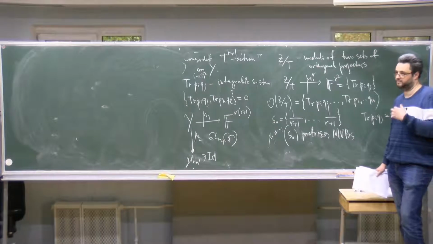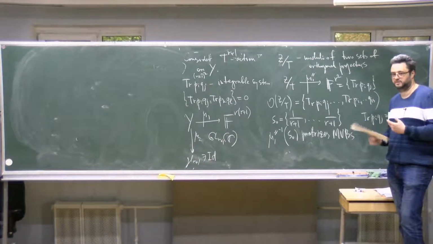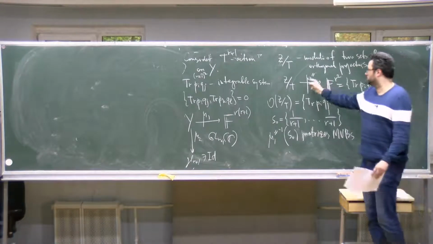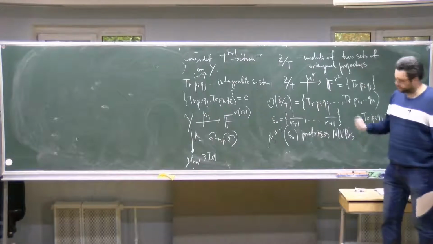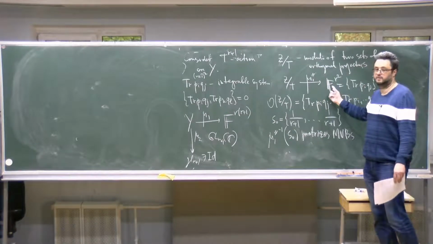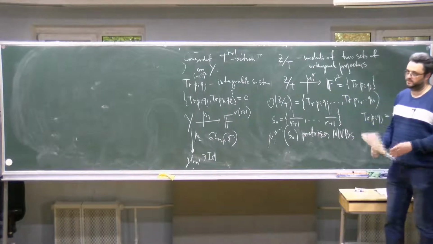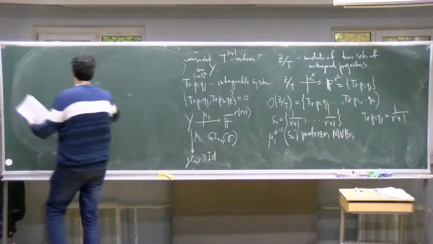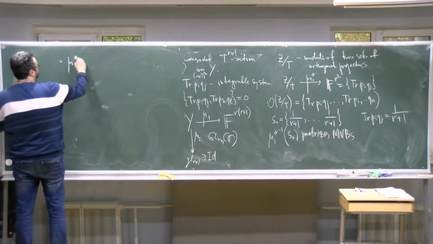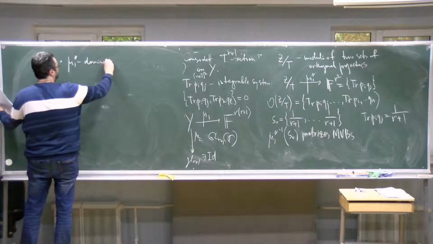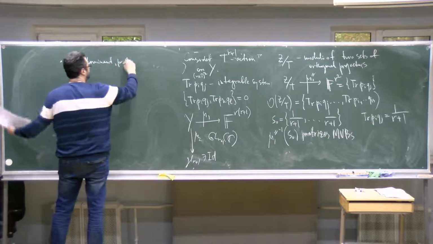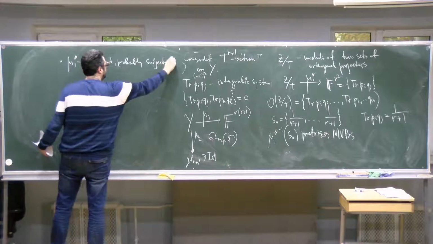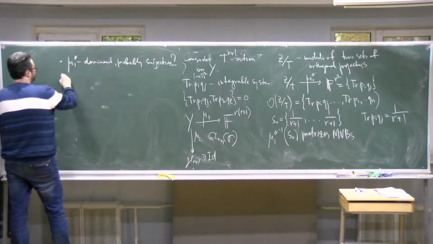I think that this map is surjective, but I can't prove this. Dominant means that the image of this map is dense in this subspace. It's a definition from algebraic geometry. Probably surjective. It's an open question.